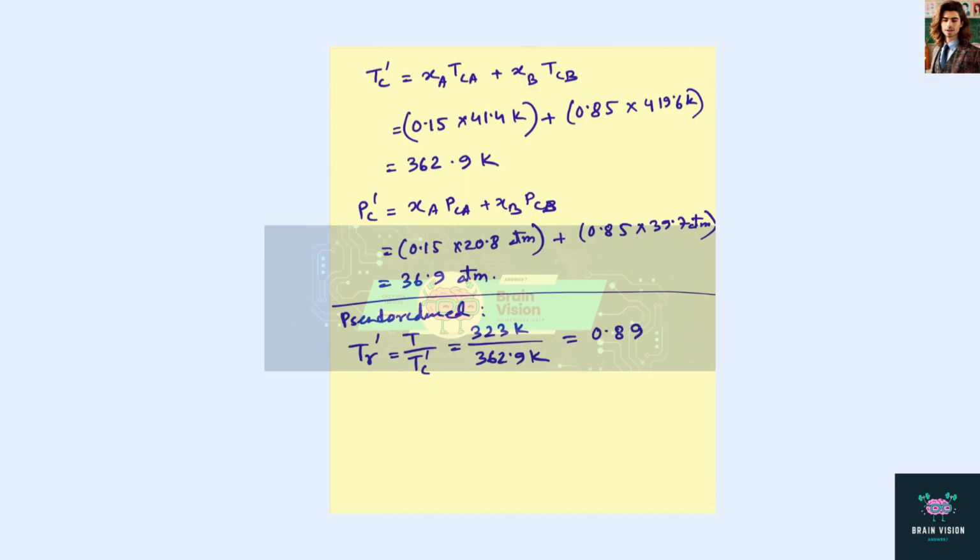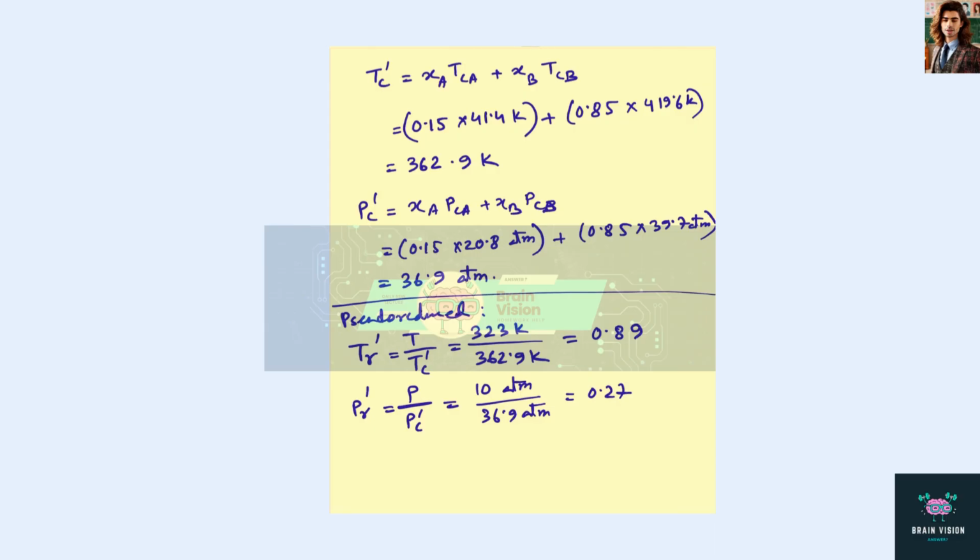Therefore the pseudo-reduced temperature is 0.89, and the pseudo-reduced pressure is the pressure of the system divided by the pseudo-critical pressure, and we get 10 atmospheric pressure divided by 36.9 atm, which is 0.27.